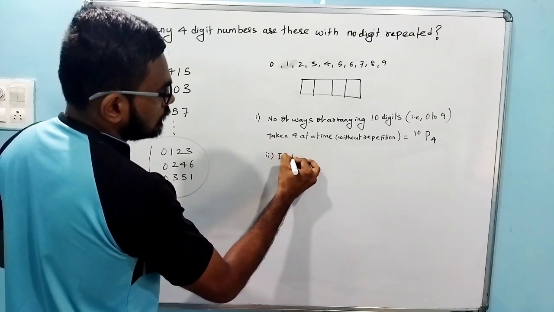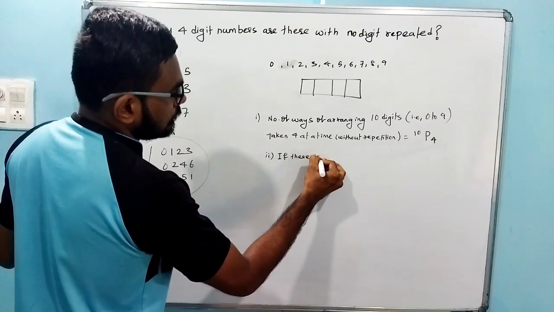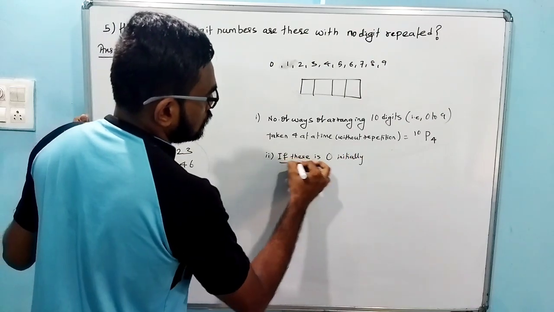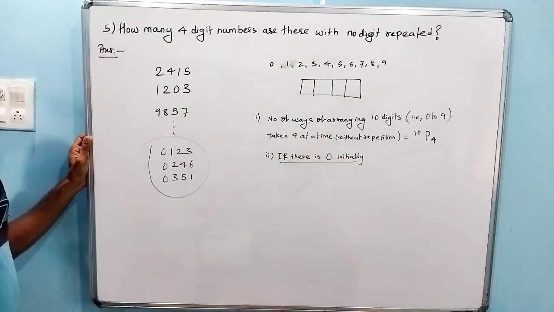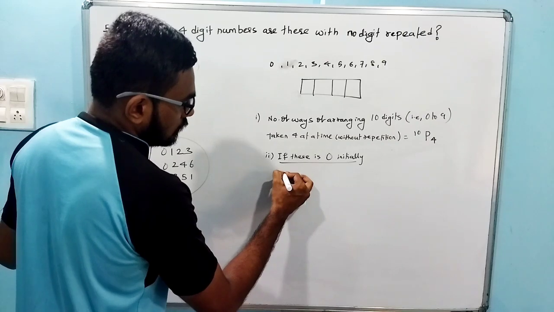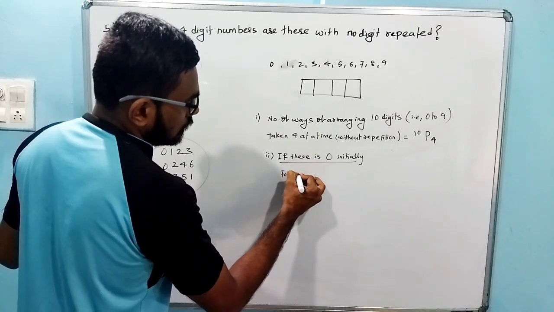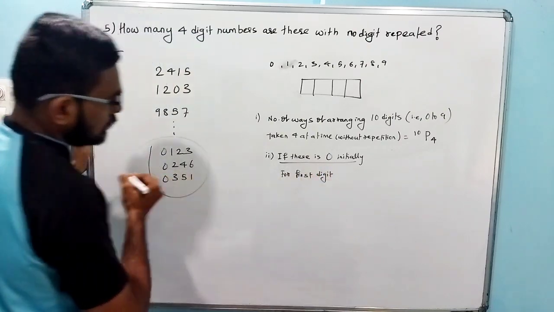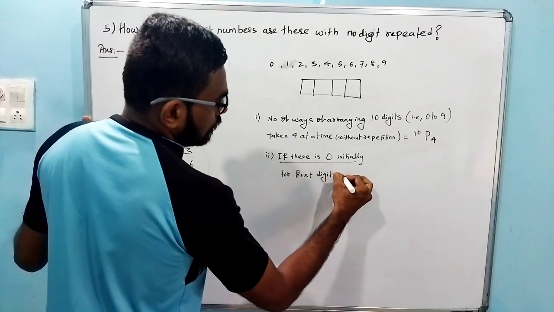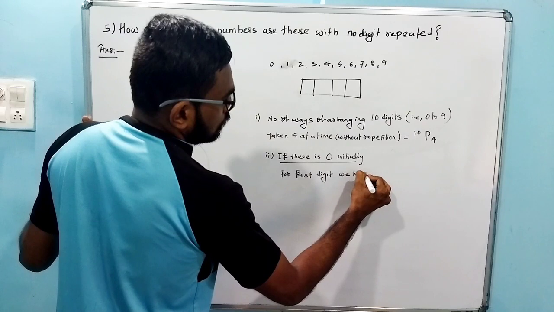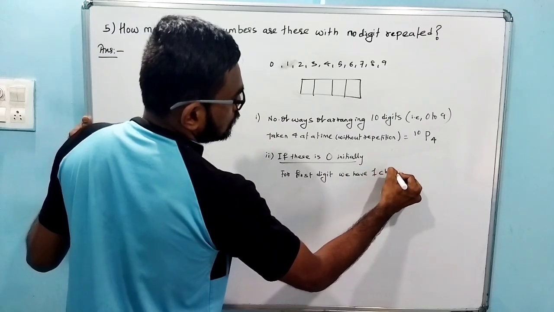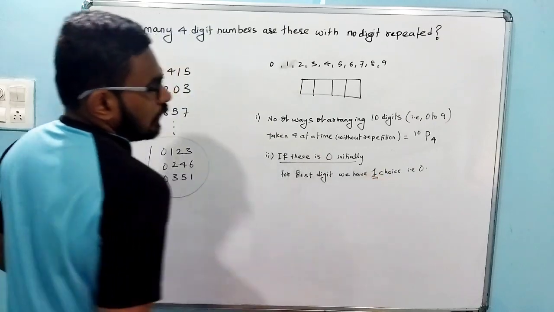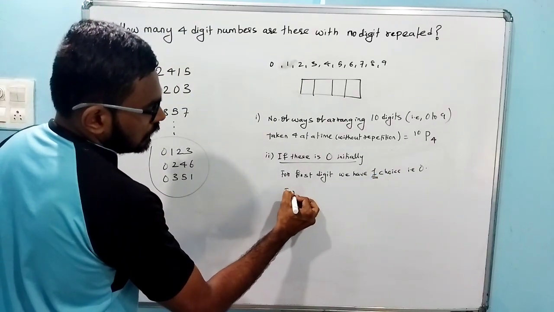If there is 0 initially, then for the first digit we have only one choice, that is 0.